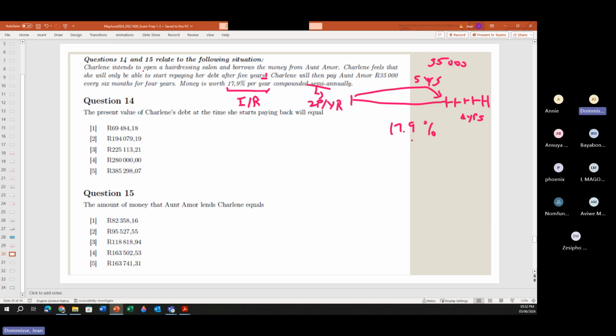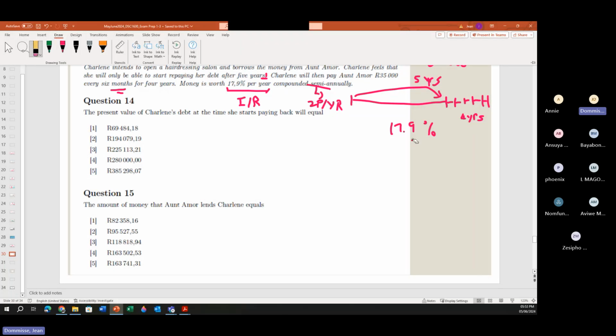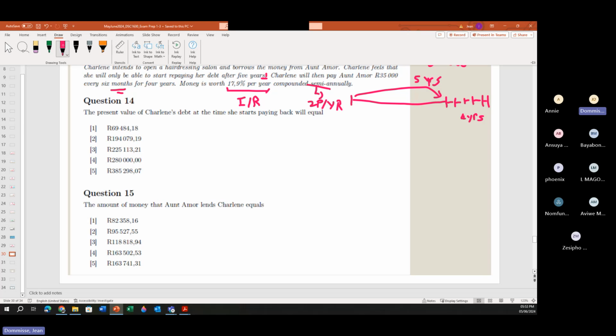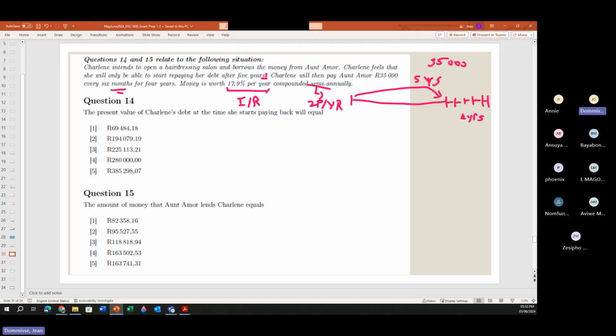At least they said every 6 months, but with semi-annually they could have done the same, because now suddenly you see semi-annual and you see every 6 months, and again, why is the wording different? They could have just said every 6 months, the compounding rate is.